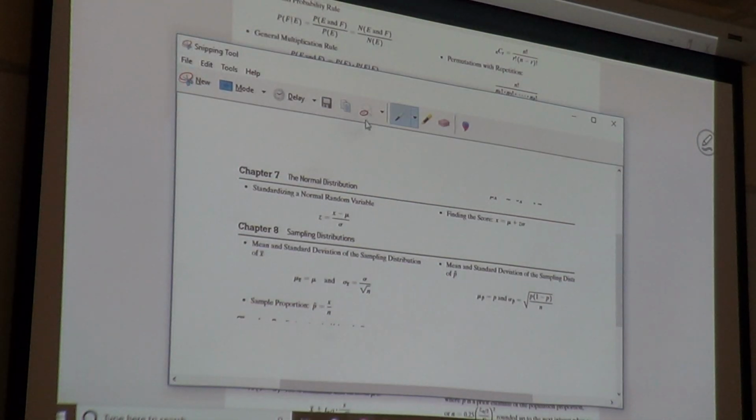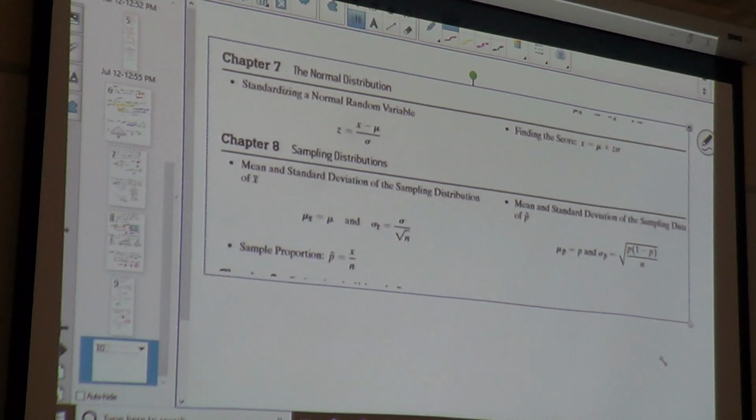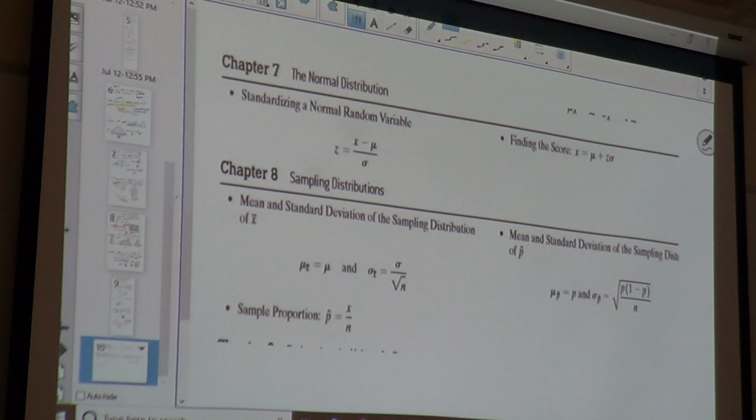Under 7 and 8, which is what this test is on, this one is reminding you that your z-score is equal to the data minus the mean over the standard deviation.